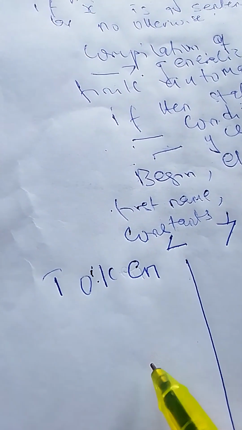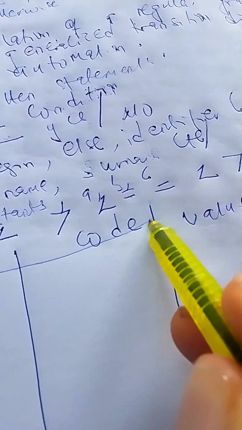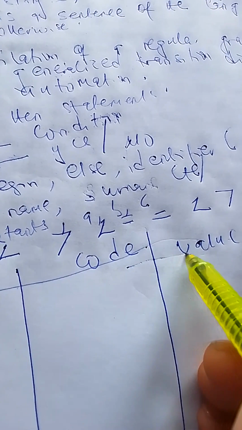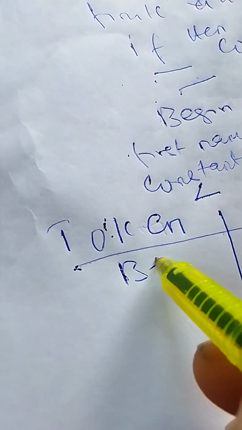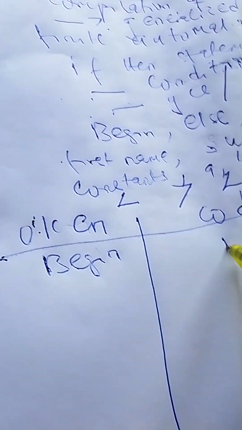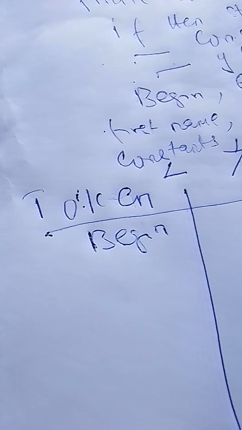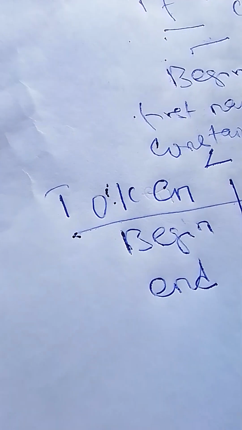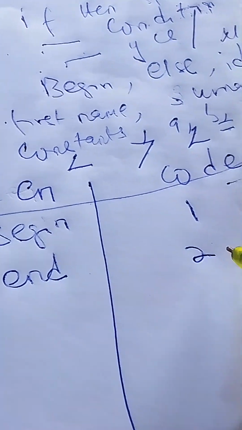The token begin is a recognizer. It has the code 1 and does not have any value. Second, we have end, which has the code 2.